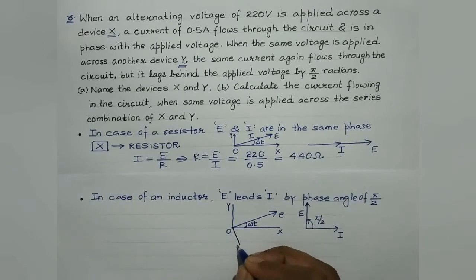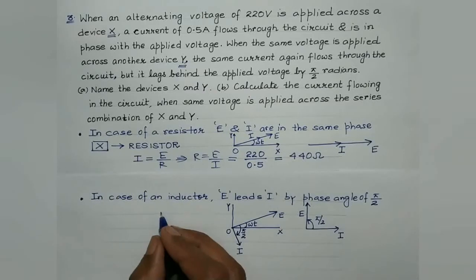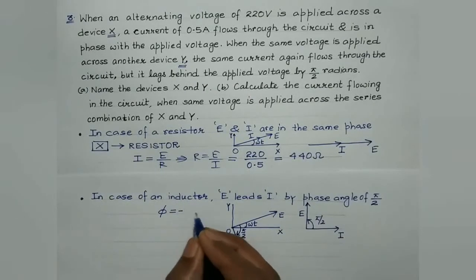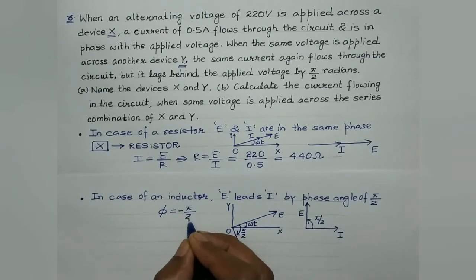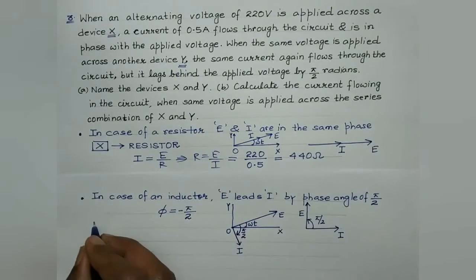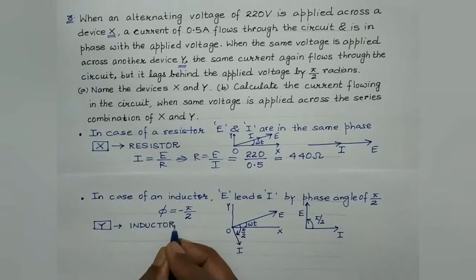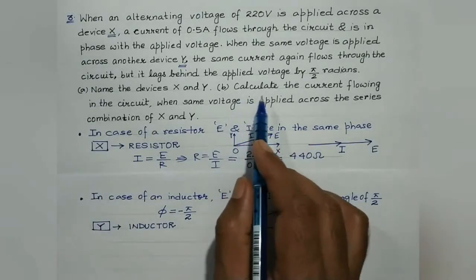So this is the current, and this angle is to be taken anti-clockwise, that is pi by 2. So here phi in the case of an inductor is minus pi by 2. It indicates that the current lags behind the EMF by a phase angle of pi by 2, right? So obviously device Y must be an inductor, right?